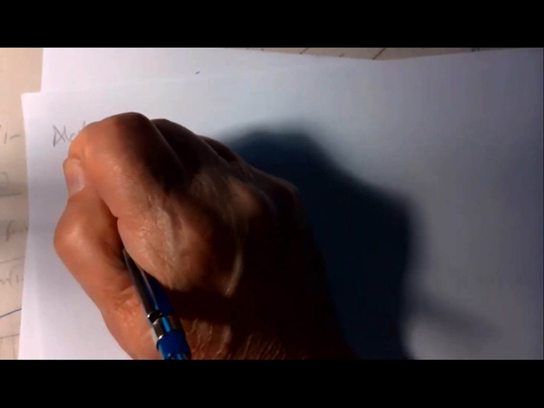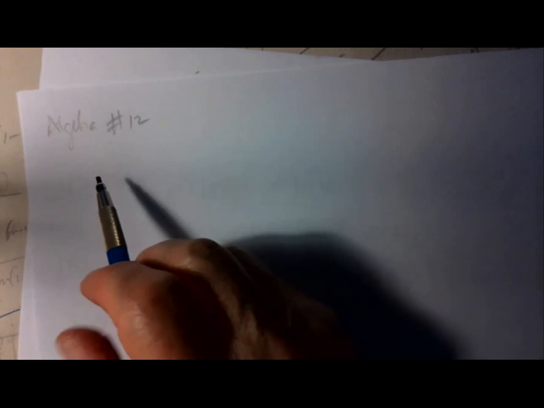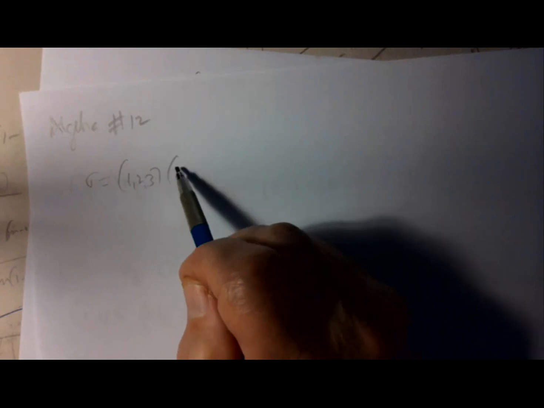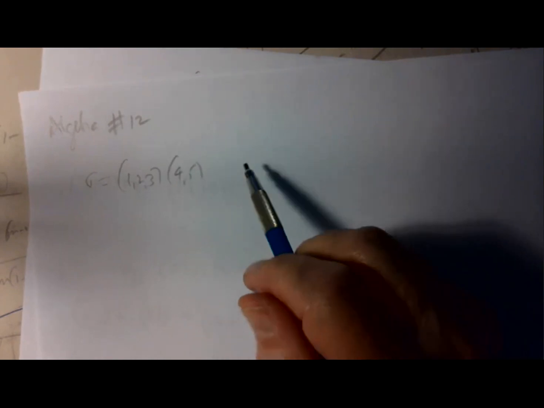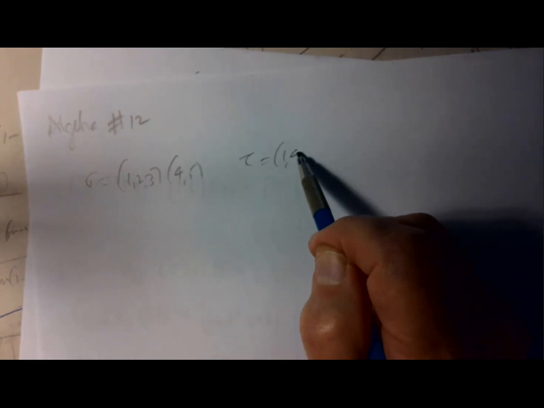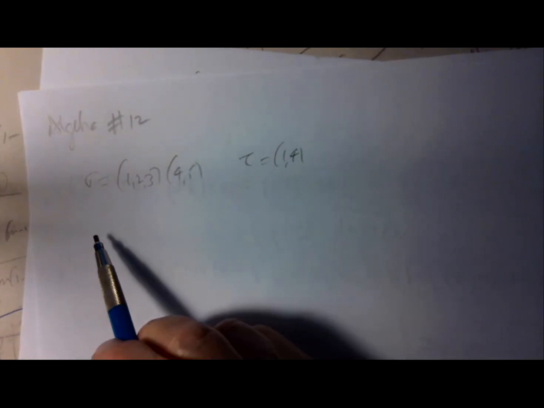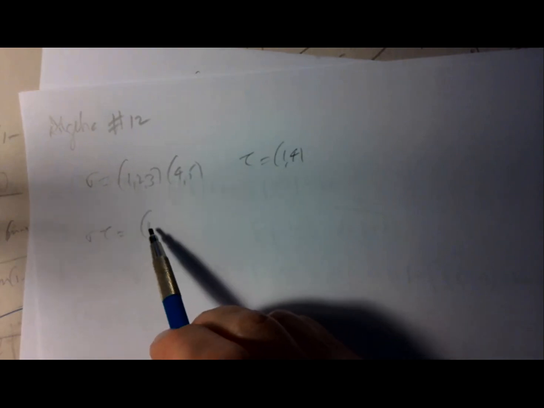So number 12, we have the permutation sigma, which is (1 2 3)(4 5), and tau, which is (1 4). So what is sigma times tau?